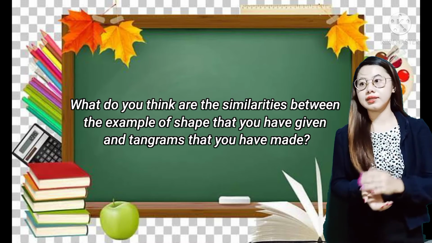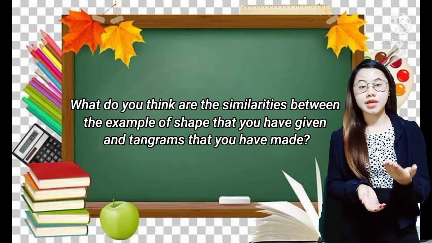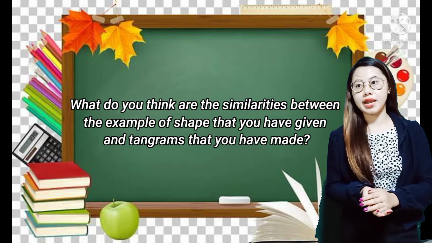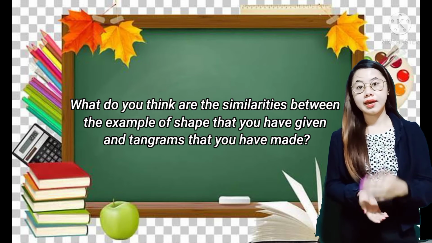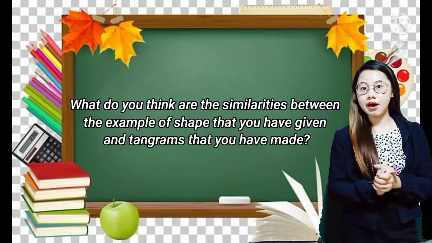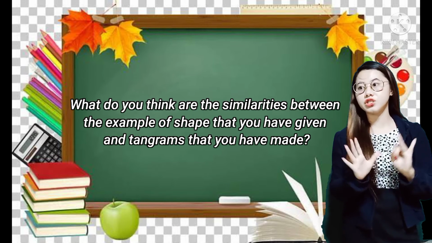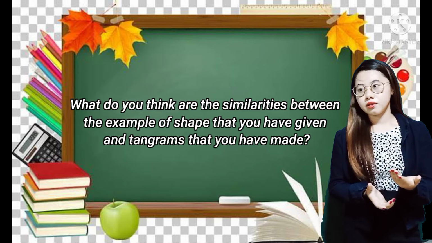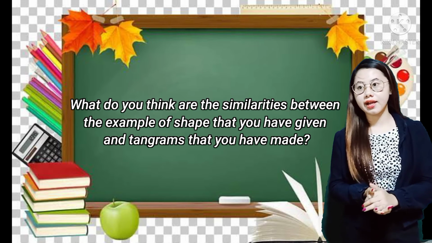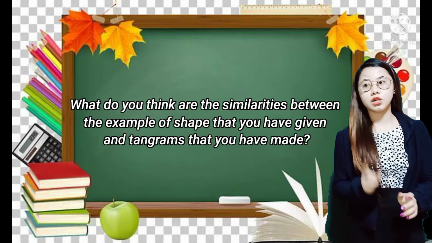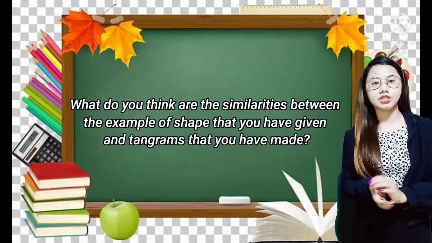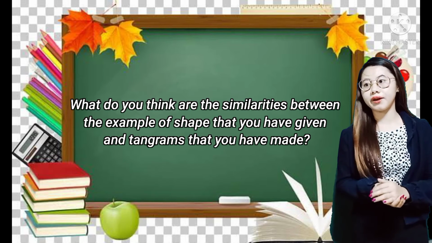Do you think there are similarities between the shapes that you have given and the tangrams that you have made? Yes, Angelica? The tangram is a deceptively simple set of 7 geometric shapes made up of 5 triangles, 2 small triangles, 1 medium triangle and 2 large triangles, a square, and a parallelogram.